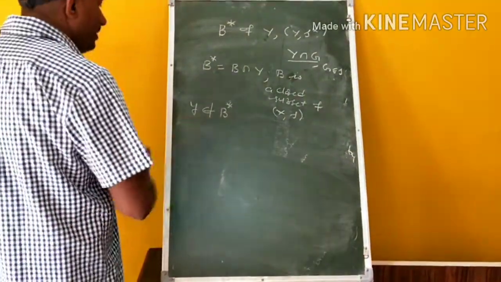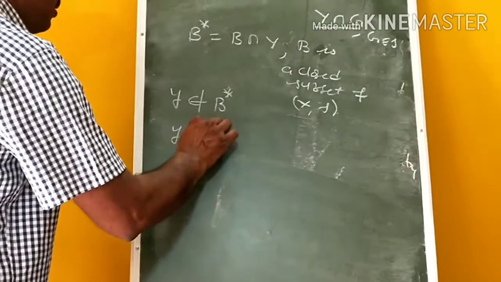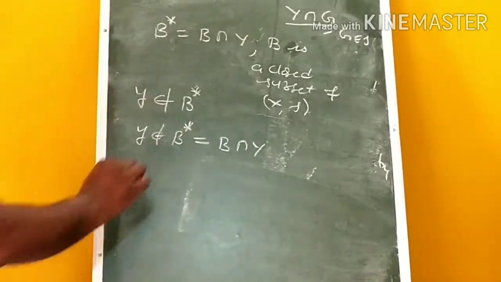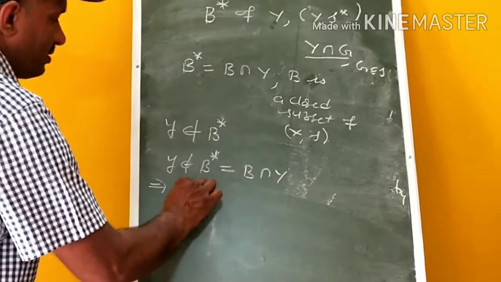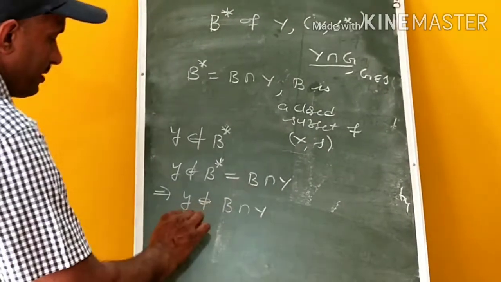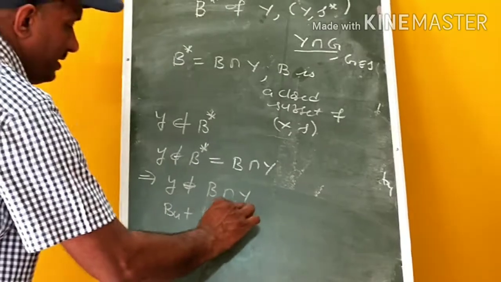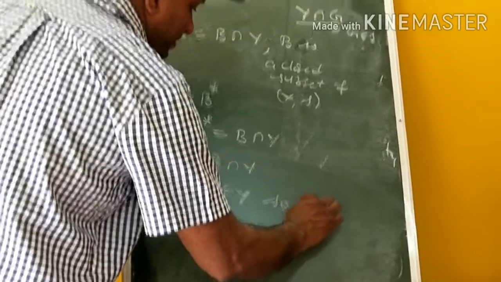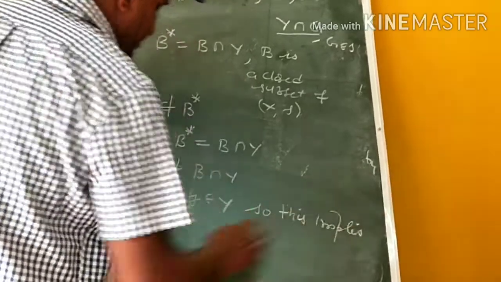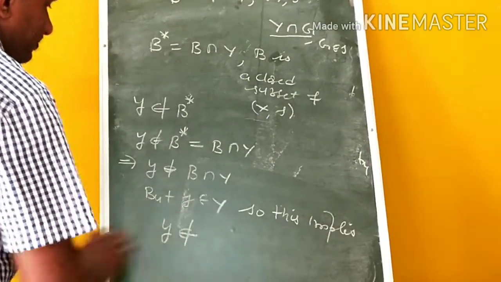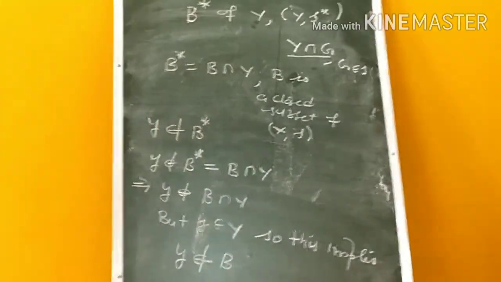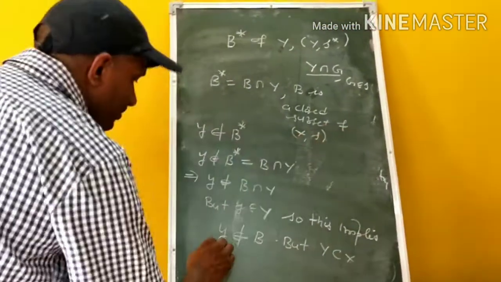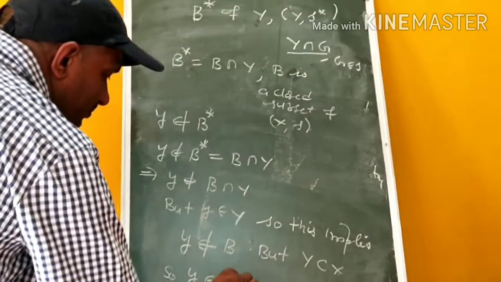For this, y does not belong to B*, where B* is equal to B intersection Y. This implies y does not belong to B, but y belongs to Y. This implies y does not belong to B, but Y is a subset of X, so y also belongs to X.